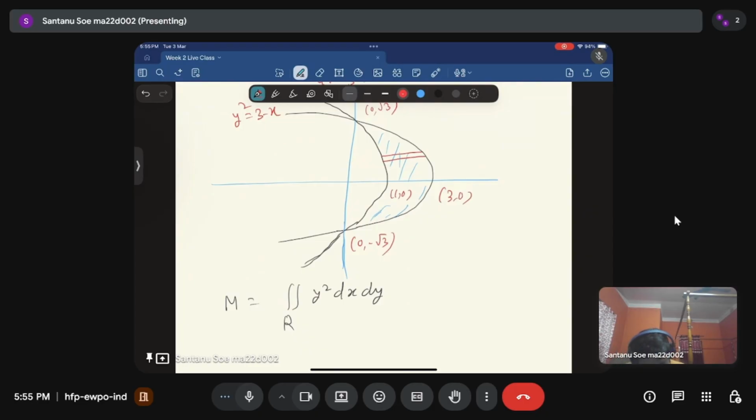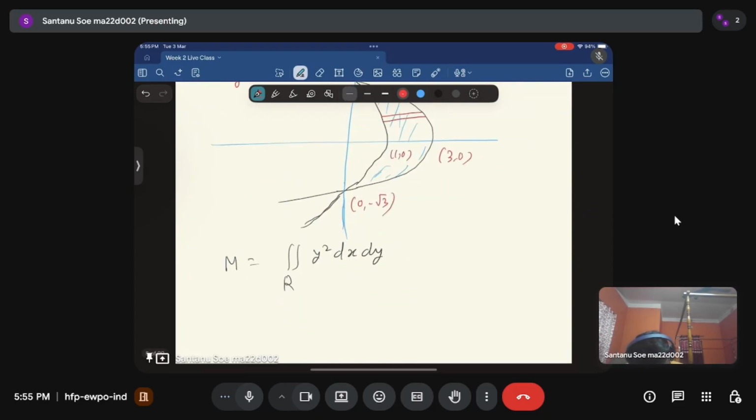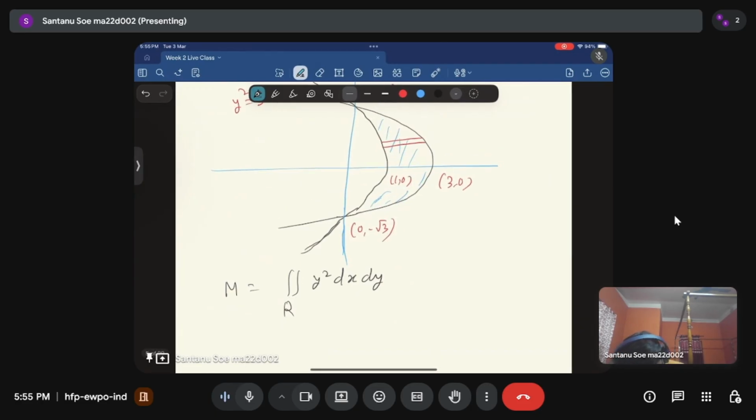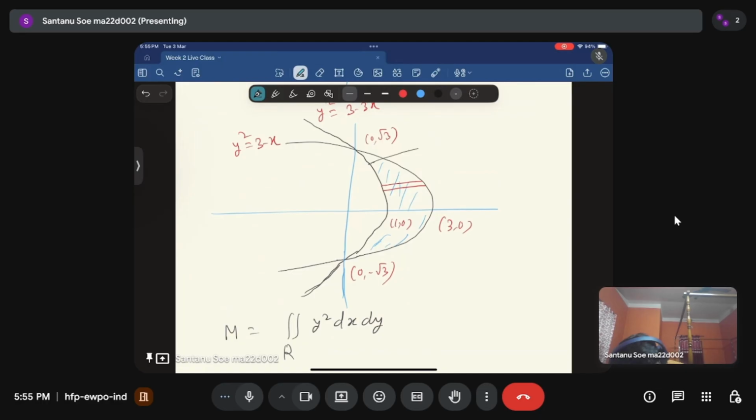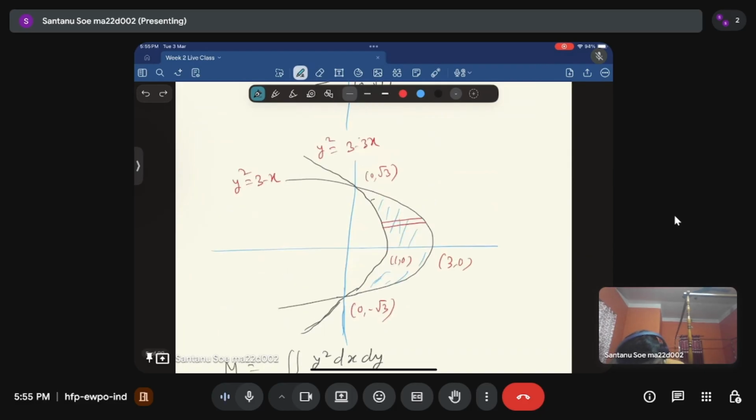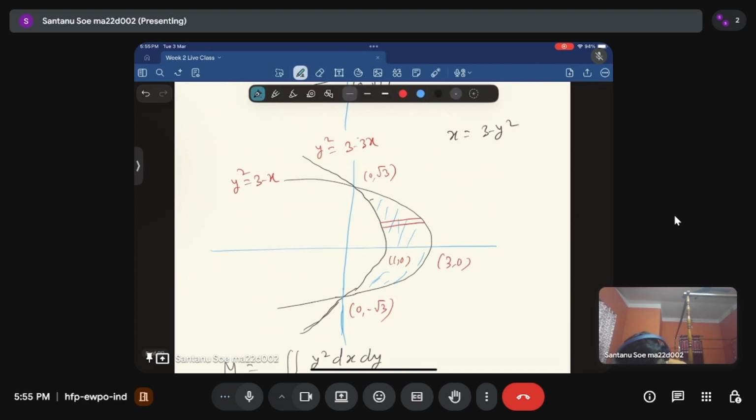Here x, for the first curve, is 3 minus y square, and for the second one our x is 3 minus y square divided by 3.